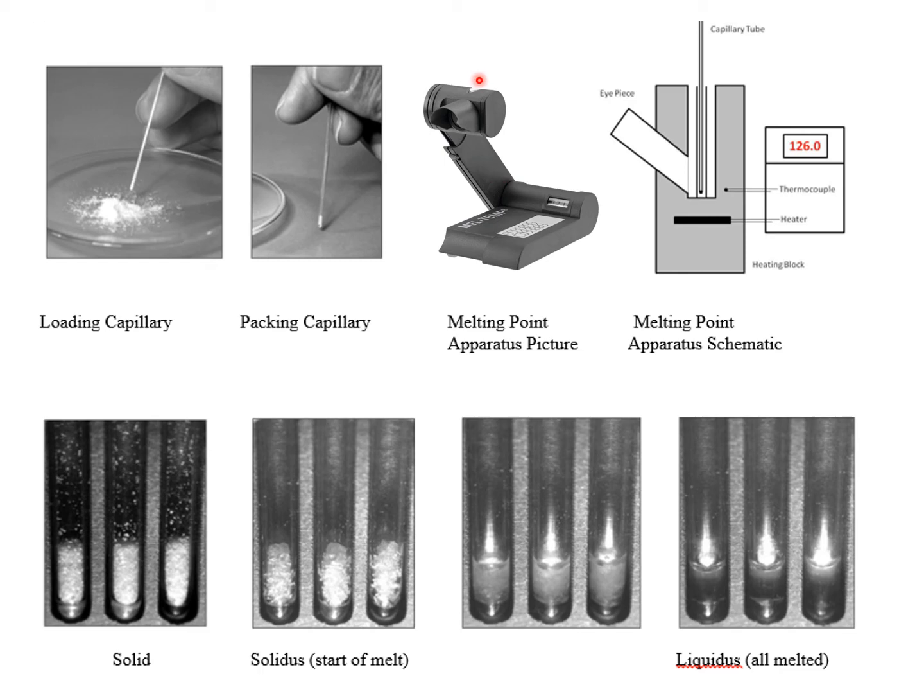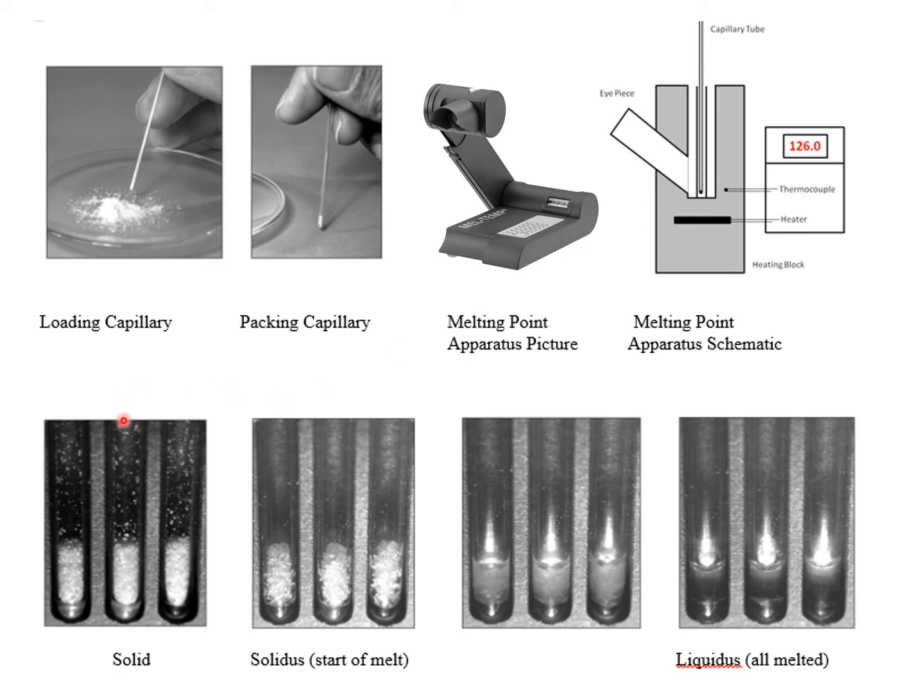It gets inserted way up here, and I'm going to look through this eyepiece to watch it melt. Here's a schematic diagram of it. I have this big heating block here made out of metal. I have a heater, and I have a thermocouple. I just start heating at 10 degrees per minute, and I look through this eyepiece down at the sample to see when it melts.